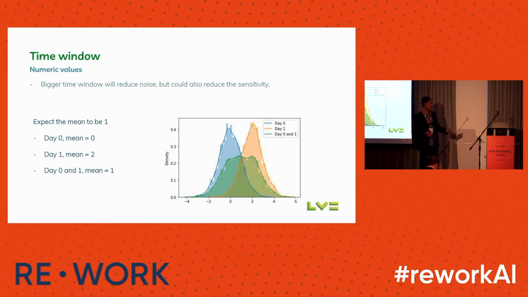When you choose that distribution, a lot of the frameworks or packages just say, give the two distributions and we can generate some sort of monitoring. But as you can see in this hypothetical example, we can have changes in the distribution, but if we aggregate things, that might not be captured.